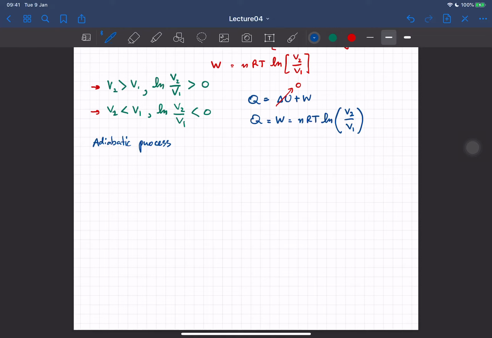Adiabatic process is a special process where there's no heat flow in or out from the system. So in terms of variables, that means Q equal to exactly 0. Okay, so there's no heat flowing in or out.